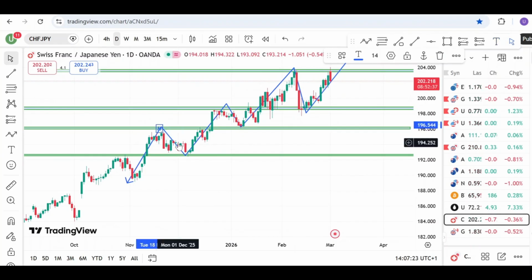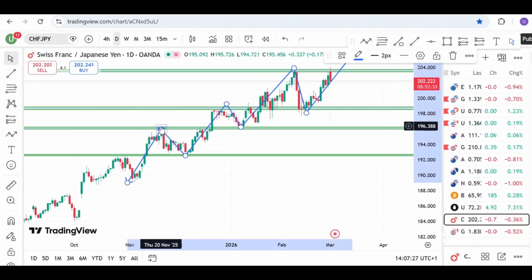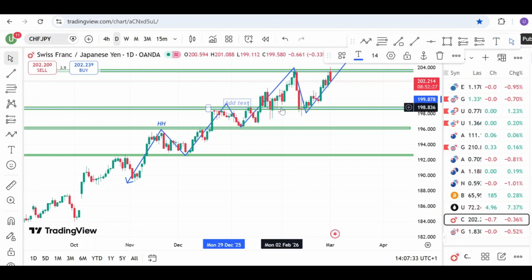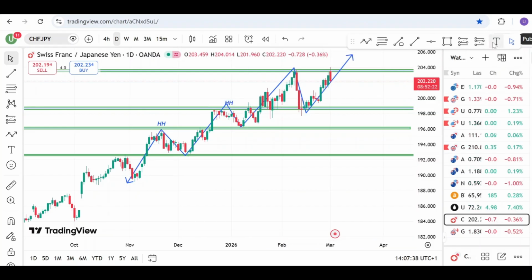Okay, this is a higher high, the higher high, the one I was saying. This is a higher high, this is another higher high, this is another higher high.